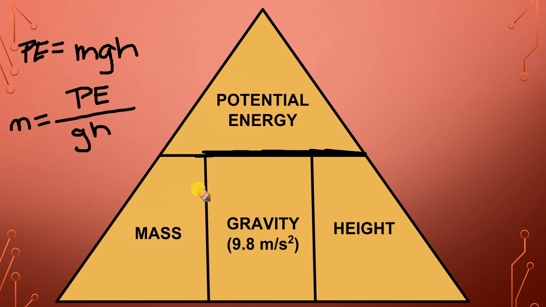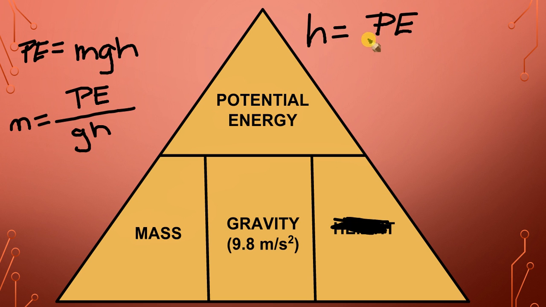If I then decide to solve for height, I cover up my height, and I'm determining that h equals my potential energy, which is on top, divided by mg. This triangle you will see on a test to help you out in knowing these different equations, just like you will see these different equations on the test.